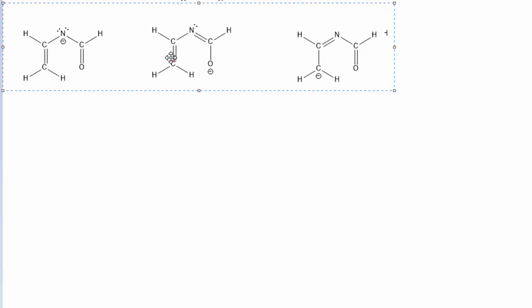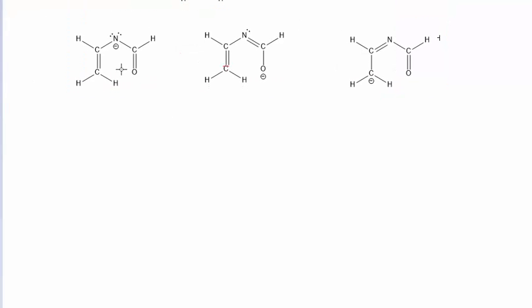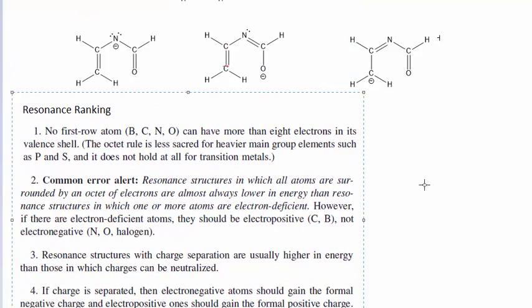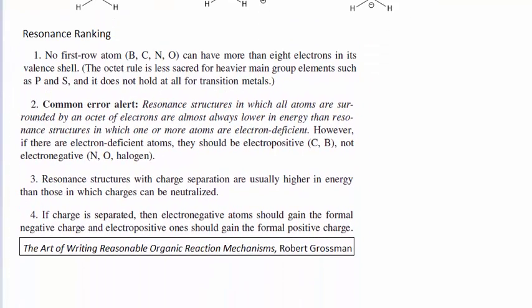So the next part of this question was, which one of these resonance structures is the most important contributing structure? So here are our options. We have this, this, and this. Well, the first thing you'll notice is that each of them, well, actually I should tell you the actual rules first. So how do you rank resonance structures? Well, there are people that have figured out a bunch of great rules for this.